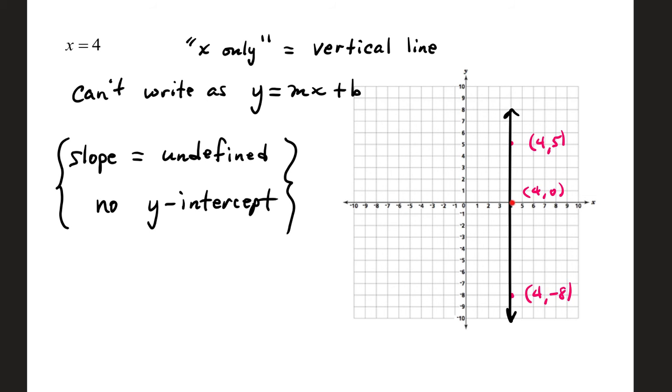If we go over to 4 and plot 4, 0, this point satisfies the equation because the x value is 4. As long as we go over 4, it doesn't matter how much we go up or down. As long as the x coordinate is 4, this equation is happy. The slope is undefined for all vertical lines, and there is no y-intercept in this graph. X only, vertical line.